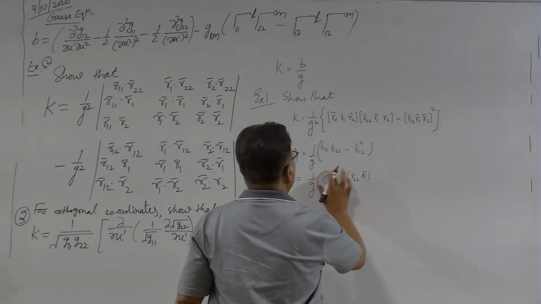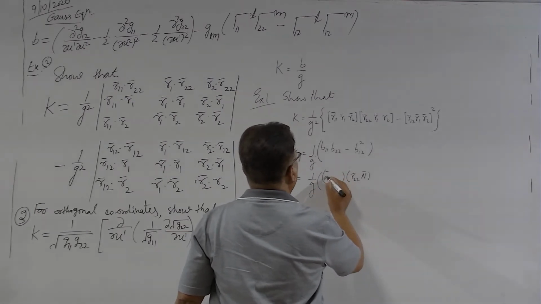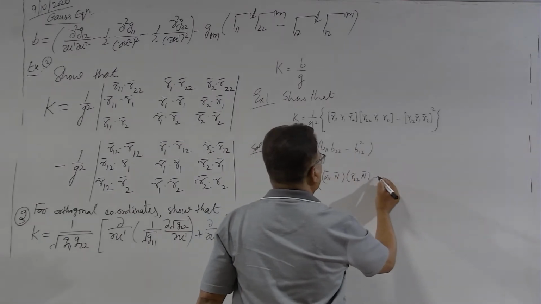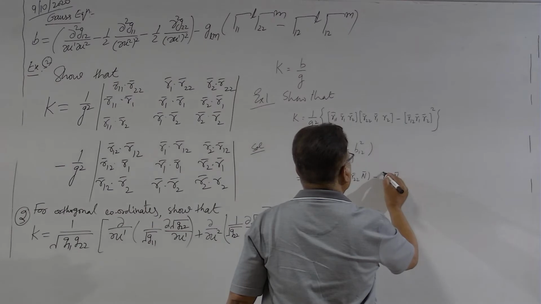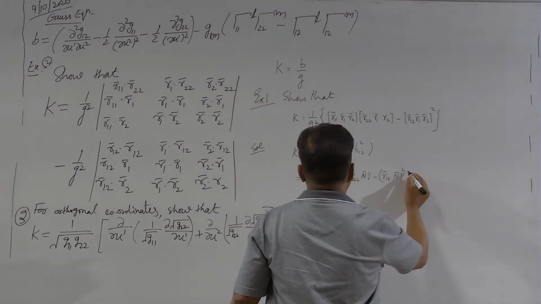Here also R11 dot n, does not matter, and this one is R12 dot n square.